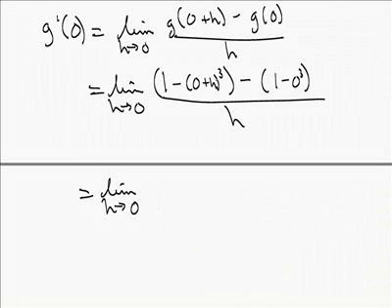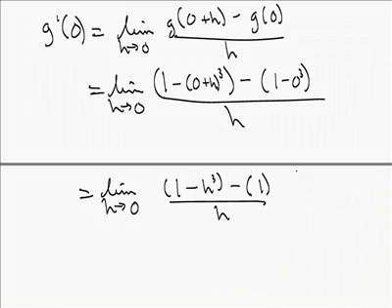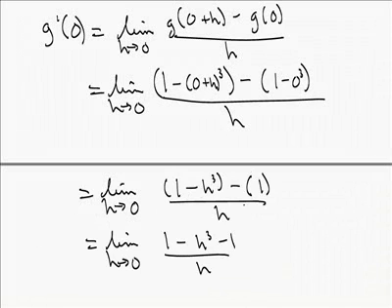This is 0 plus h quantity cubed, so that's just going to be 1 minus h cubed minus 1 minus 0. That's just going to be 1, all over h, which is equal to the limit as h approaches 0 of, we can just take out the parentheses now, 1 minus h cubed minus 1 over h.